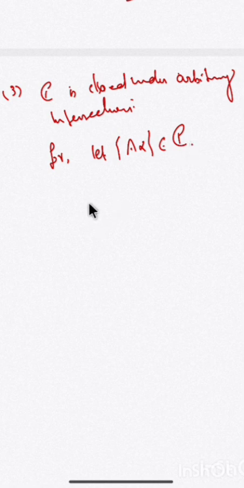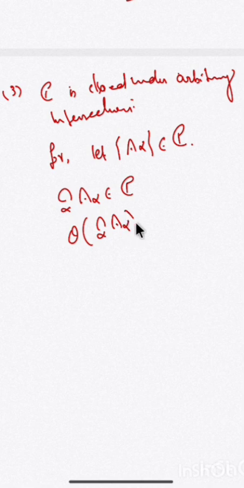We have to prove that the intersection over alpha of A alpha also belongs to C. It belongs to C only when theta of the intersection of A alpha is equal to the intersection of A alpha. Theta of A equal to A, then only A will belong to collection C. So we have to verify that theta of the intersection of A alpha is equal to the intersection of A alpha.